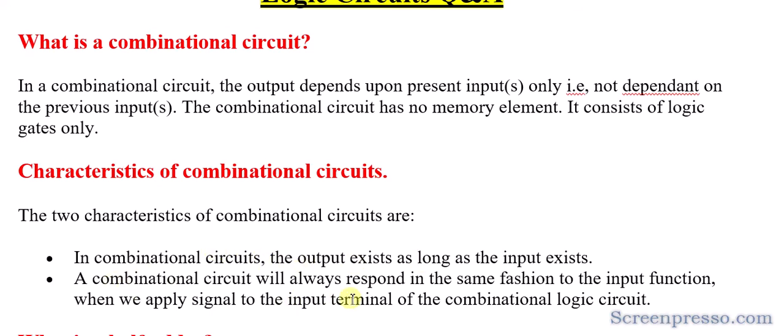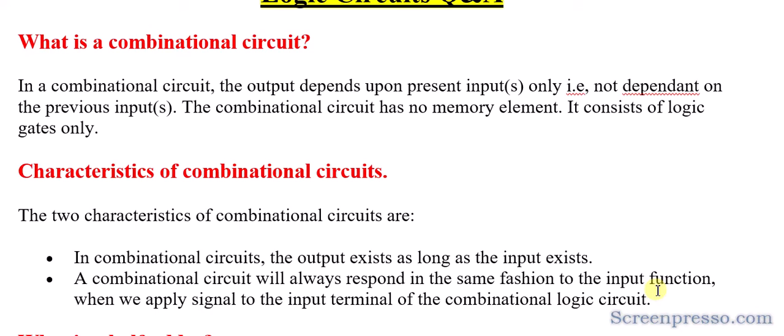A combinational circuit will always respond in the same fashion to the input function when we apply a signal to the input terminal of the combinational logic circuit. The second point is almost the same as the first point. It will always respond in the same fashion as the input function.